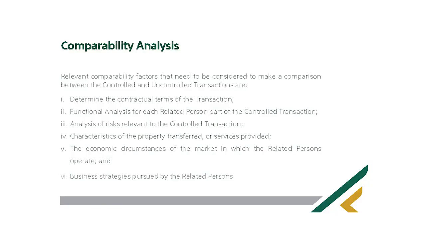But before we move to the methods, I'm going to go through the comparability analysis even more thoroughly, because there are a lot of things you need to think of. So first, you need to look at the contractual terms of the transaction. So what does the agreement say? And once again, try to get an agreement that has the same specifications as if you were dealing with a third party, an unrelated person.